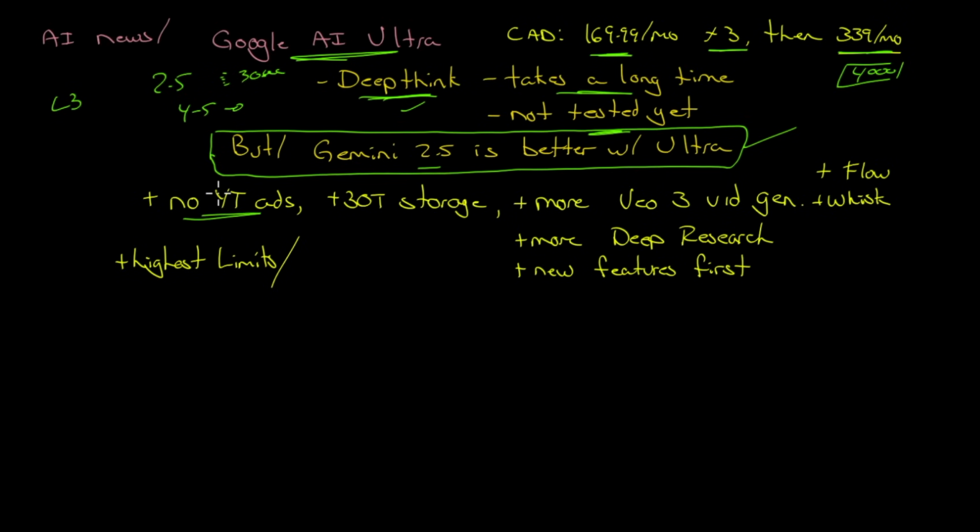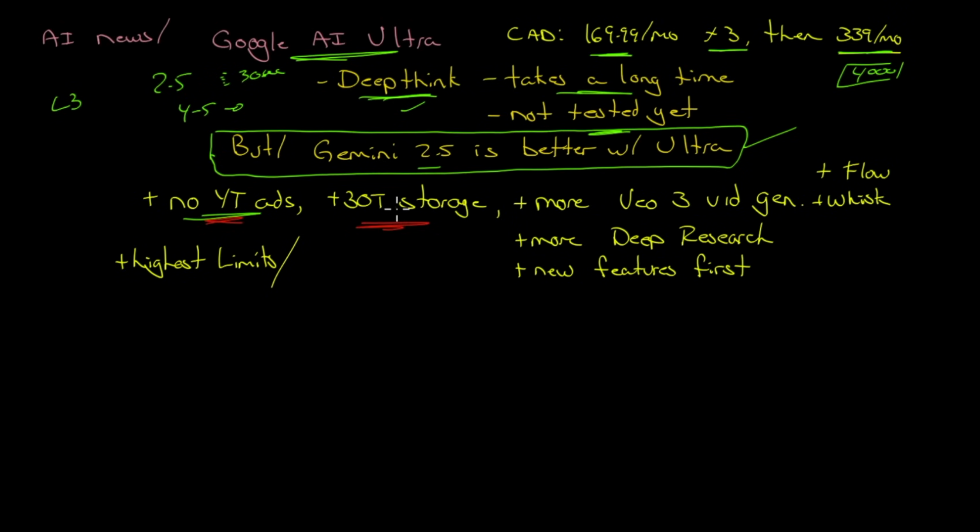I also get no YouTube ads. That's kind of nice. I mean, I could always have subscribed to YouTube Premium and got that, but I felt, let's support the creators. I don't mind watching the ads. They're putting out stuff I'm watching, so here you go. But no YouTube ads anymore. 30 terabytes of storage. I never even used, I think I had 15 gig with Gmail. I never even used the 15 gig with my Google Drive and Gmail.